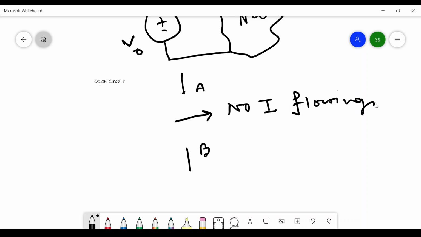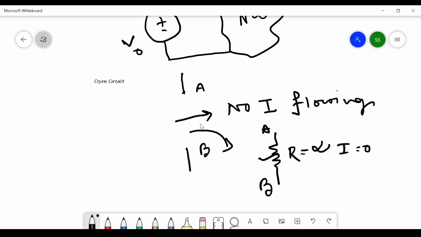So this is called open circuit. If this is a particular element having two nodes A and B, and the resistance is infinite, then obviously current is 0, then it is open circuit.